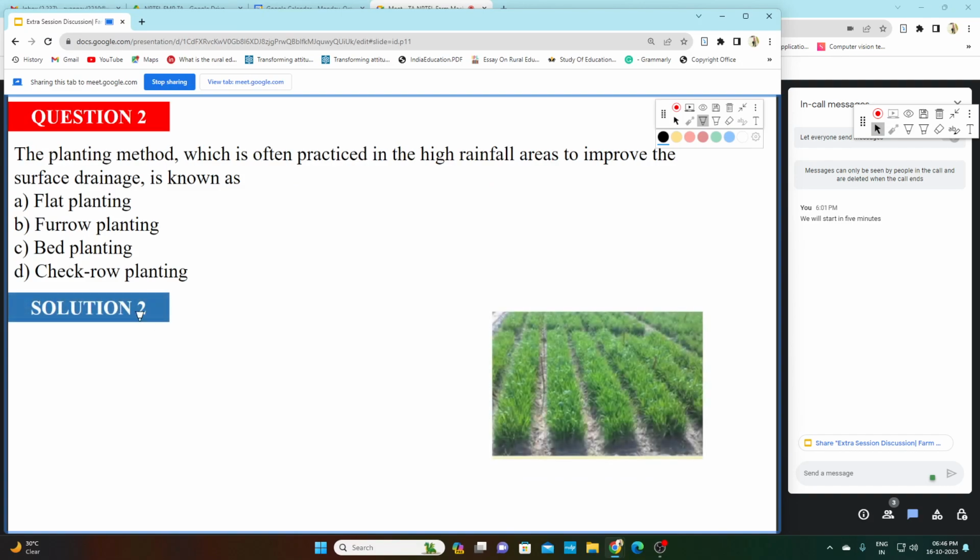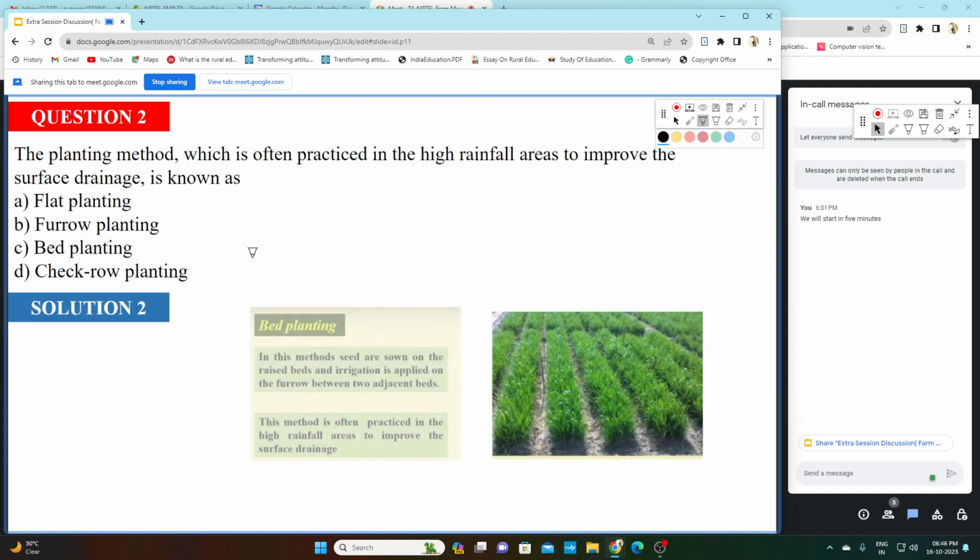So the right answer is bed planting, because in high rainfall areas, if we plant our plants on flat land only, there can be water clogging, and due to this water clogging our plants can get deteriorated. That is why we go for bed planting in high rainfall areas to improve the surface drainage.